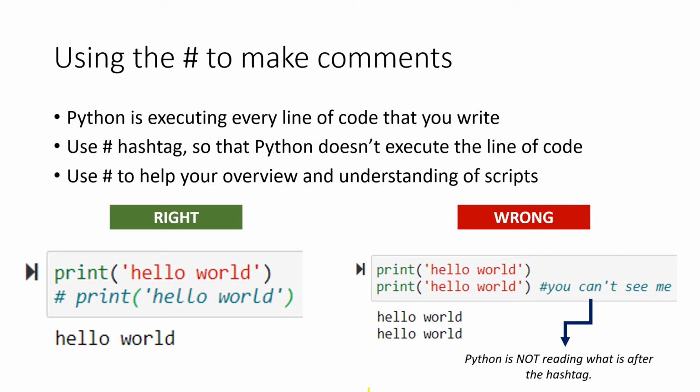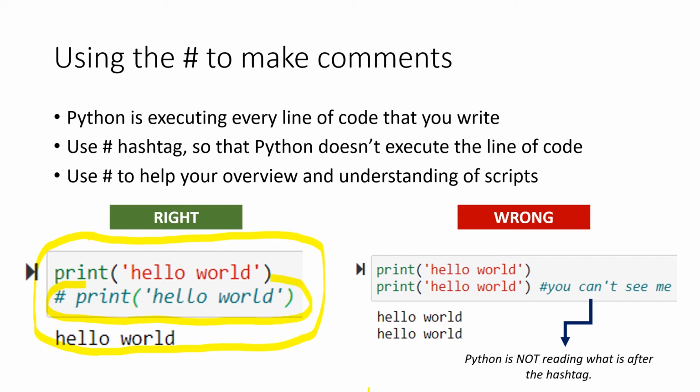The hashtag is very straightforward in Python. You can basically use it to make certain lines of code invisible to Python, or you can use it to make comments within your code. As you can see here, the first line of code is executed like it did before, the print hello world statement. The second line, though, was not executed because we put a hashtag in front of it.